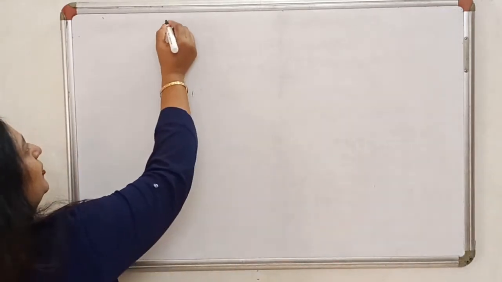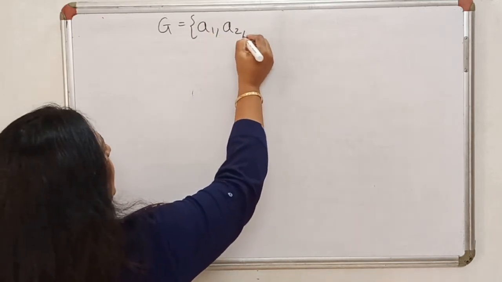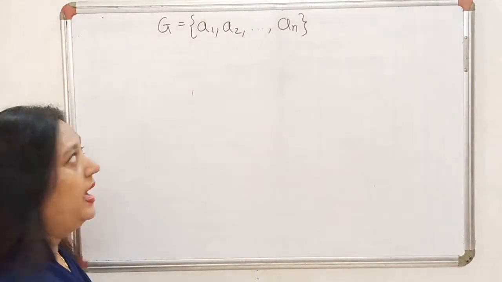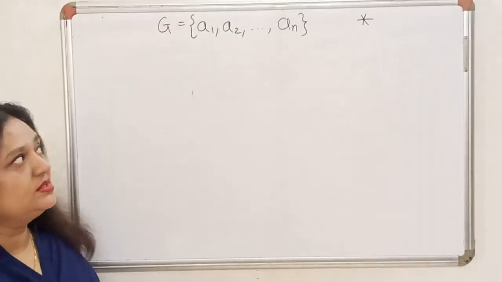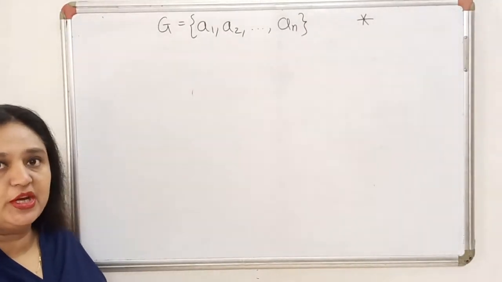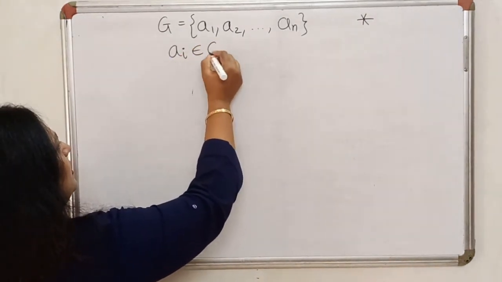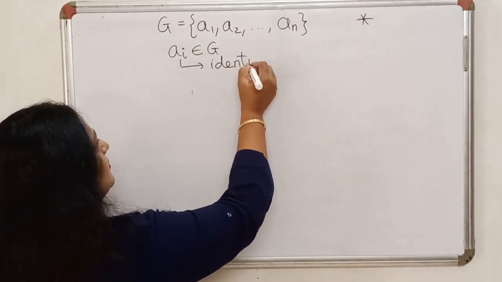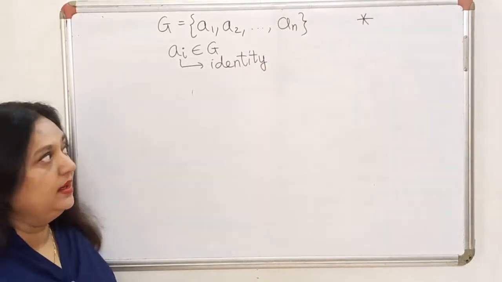So suppose I have a finite set G with n elements, say A1, A2, ..., An, and I have a binary operation star on it, and suppose that for this operation some element Ai in G is the identity.